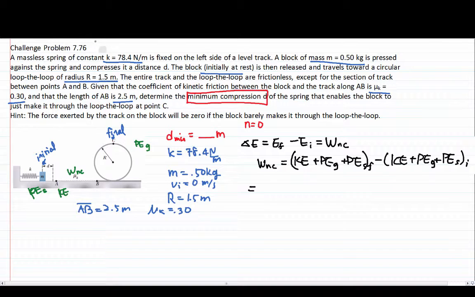Let's cancel out things we can. Potential energy initially, I'm going to set y equals 0. Then there's no height involved; the potential energy is mgh, height becomes 0, so our formula goes to 0.